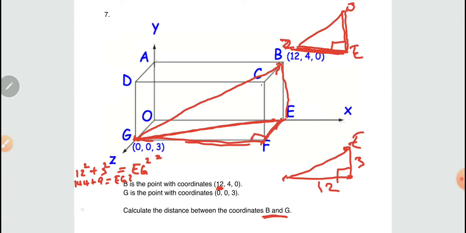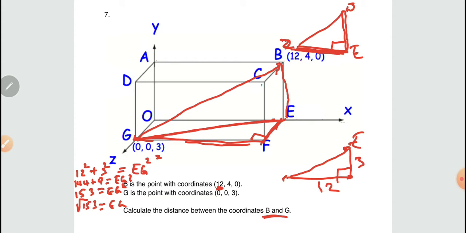So 144 add 9 is 153. So 153 is EG squared, but we just want the length EG. So EG would actually be the square root of 153.